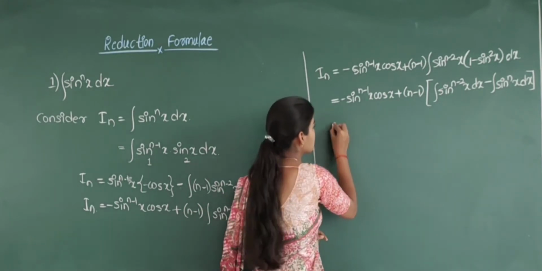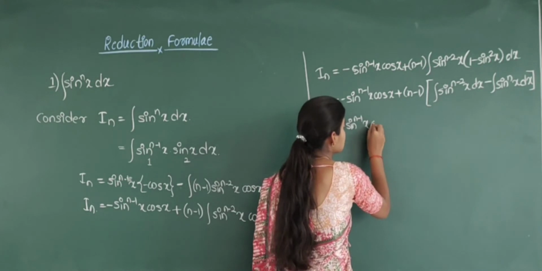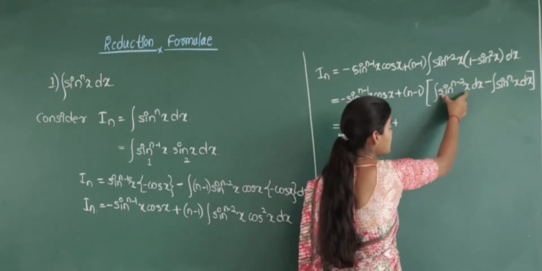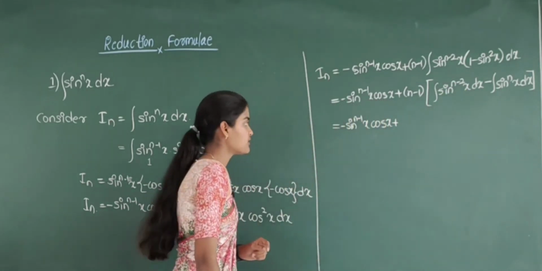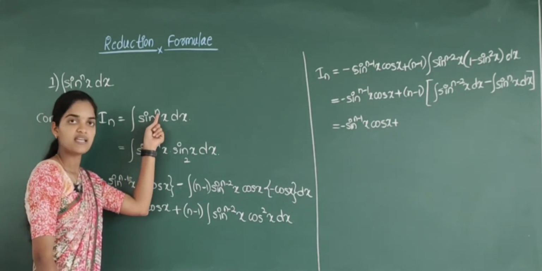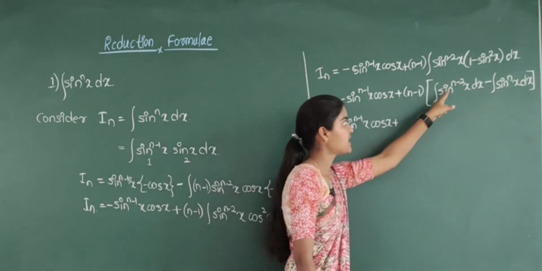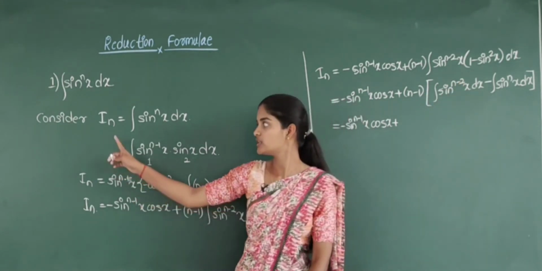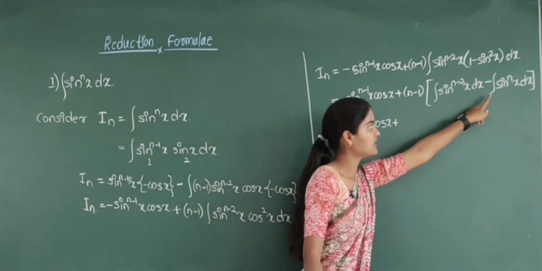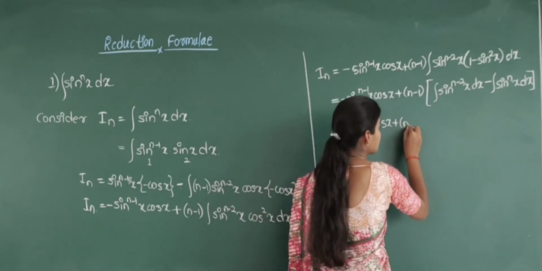So minus sine raised to n minus 1 x cos x plus, now multiply this n minus 1 inside, and observe here IN is equal to what? Sine raised to n, and there we get sine raised to n minus 2. According to this, I can write it as IN minus 2, and similarly this is nothing but our IN.